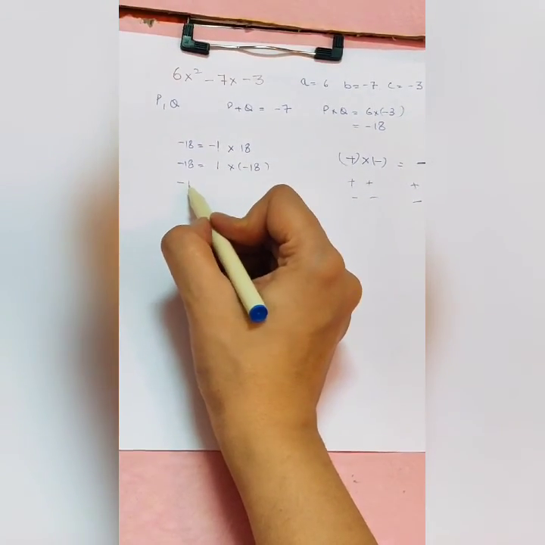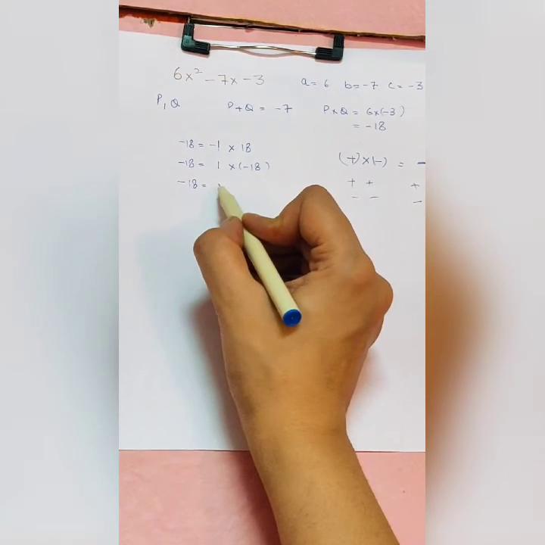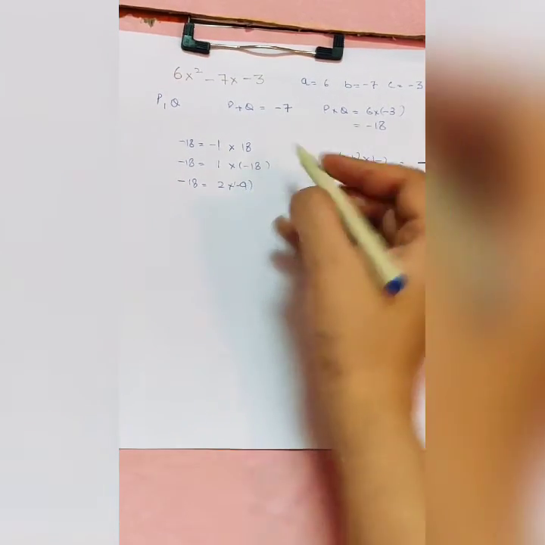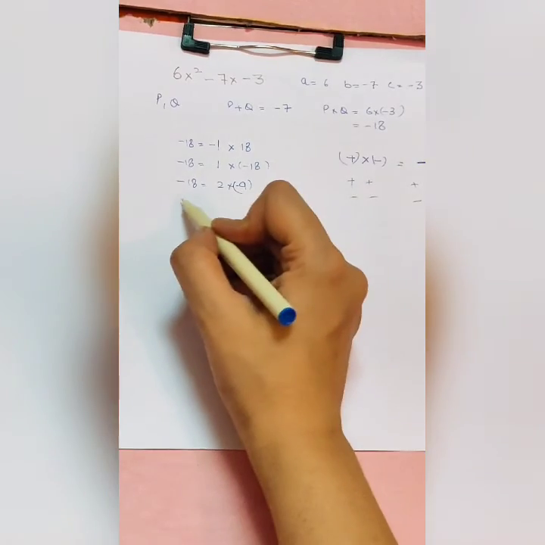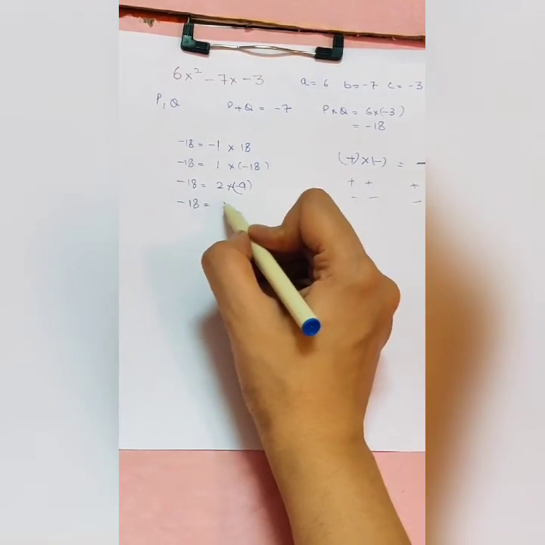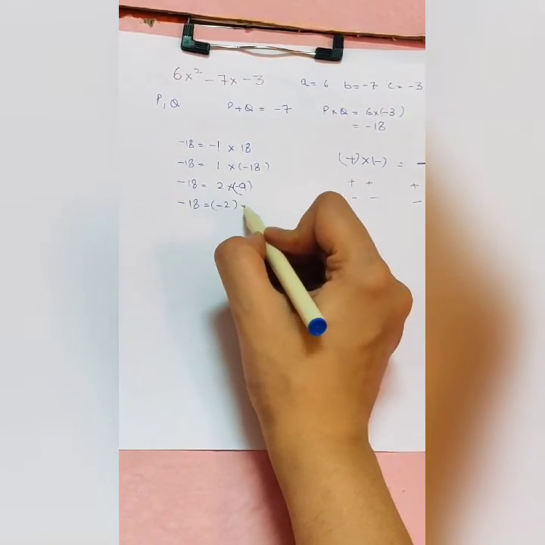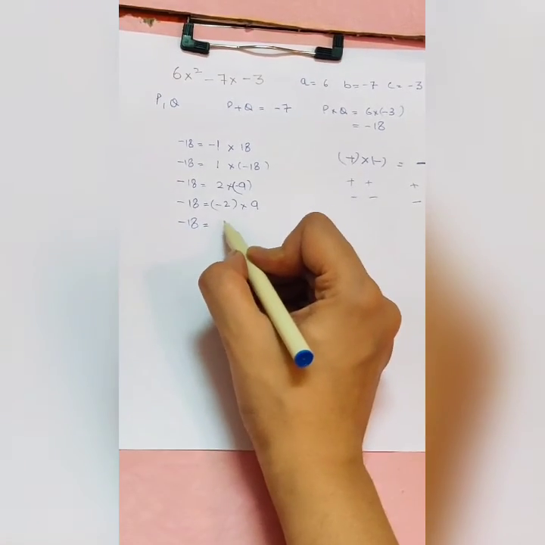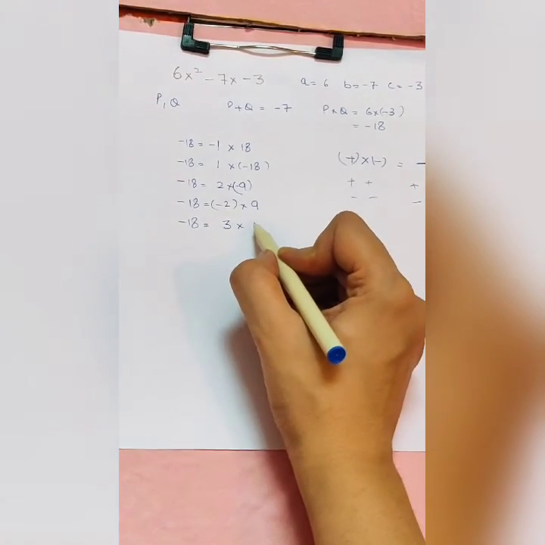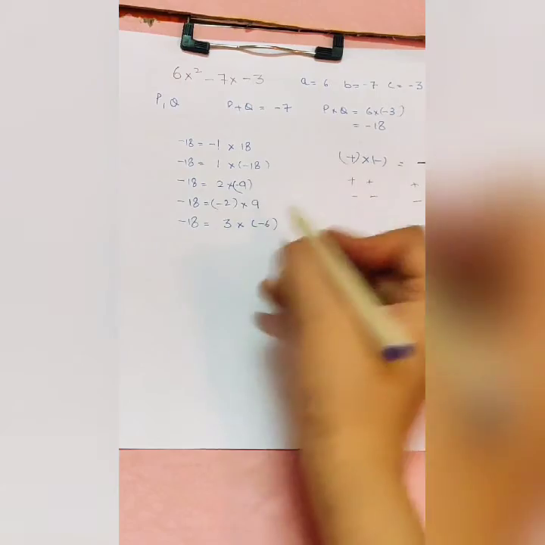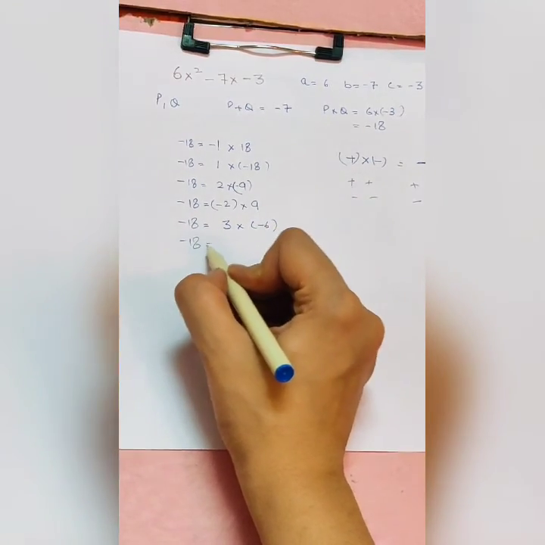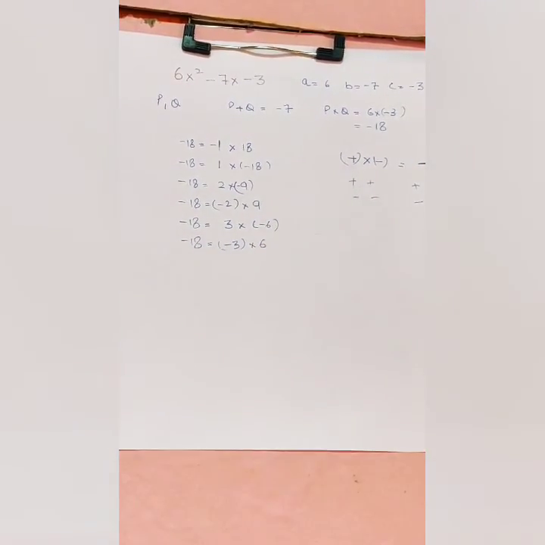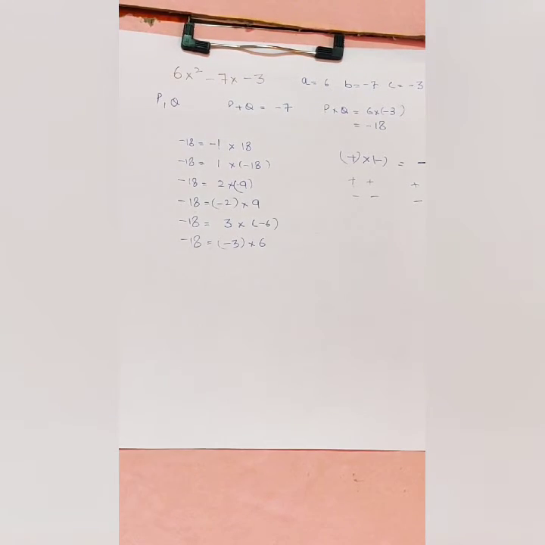Next option, minus 18 is 2 into minus 9, or minus 2 into 9. Next possibility, minus 18 is 3 into minus 6, or minus 3 into 6. No other option. These are the only possibilities.